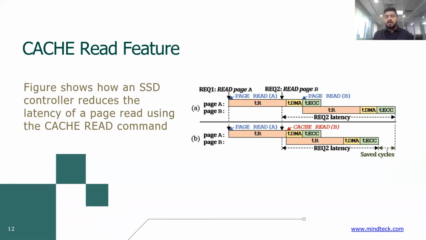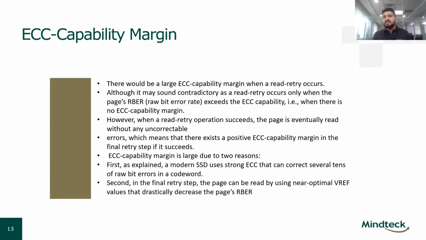Now we will see the other feature, which is ECC capability margin, which we took into consideration after studying the SSD behavior. As we know, ECC capability margin matters when a read retry appears. And whenever read retry appears, this ECC capability margin should be a very large value. Now, this will sound contradictory.